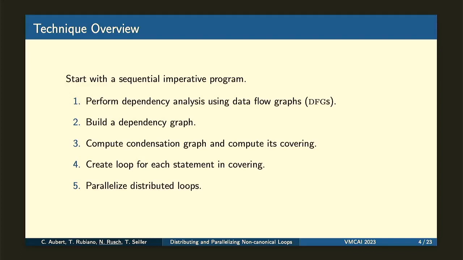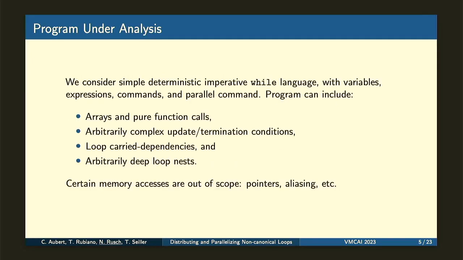But using that DFG, we can then make a dependency graph. Then we make a condensation graph and determine its covering. So this is a graph-based algorithm. And then finally, from the covering, we figure out how to distribute the loops. Okay. So that is the high-level idea.